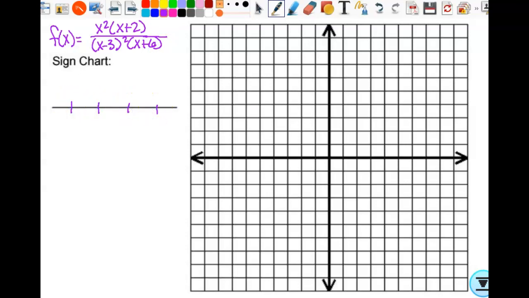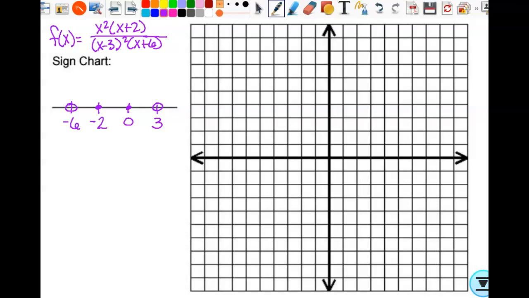See, my smallest will be -6, then -2, then 0, then 3. So -6 is an asymptote. That's an open circle. -2 is closed. 0 is closed. And 3 is open. Okay, we agree with all that?